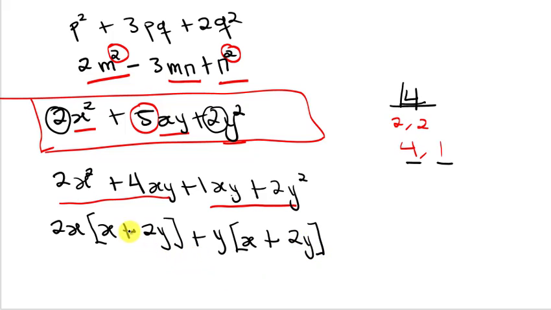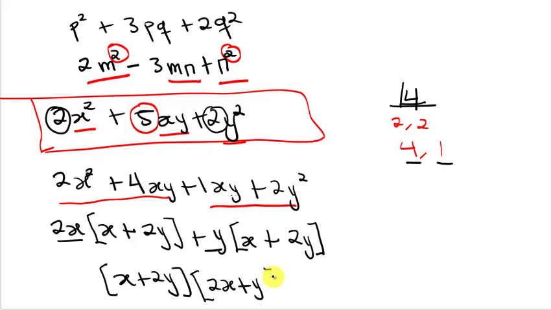So you are going to have your x plus 2y, and then you have your 2x plus y in another bracket. And this is the factorization of the expression 2x squared plus 5xy plus 2y squared.